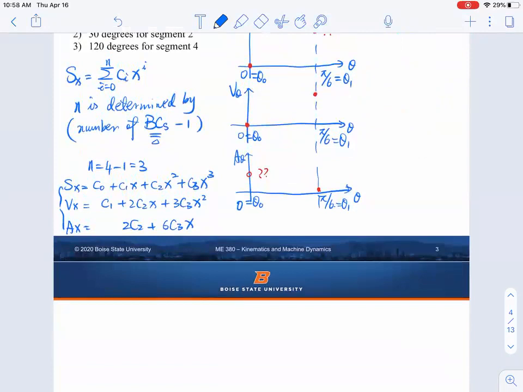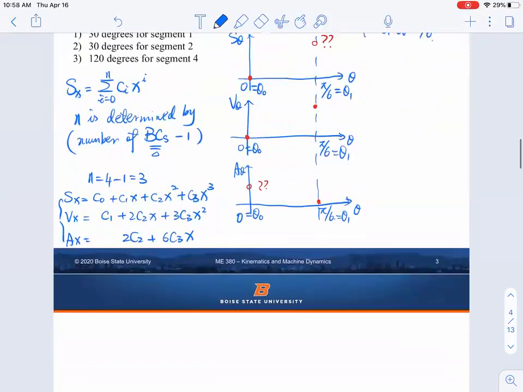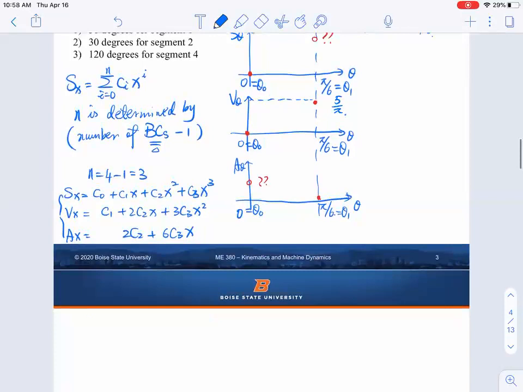Okay, so what boundary conditions do we know? We know everything in the theta domain, right? We already know that value is 5 over pi. So let's write out all these boundary conditions. When theta equals 0, S theta is 0.